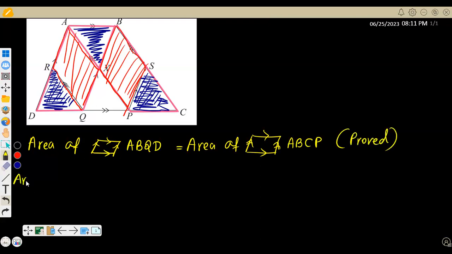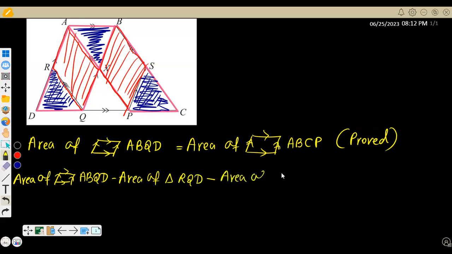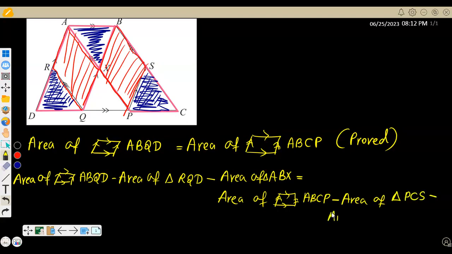Then you can subtract. From the area of parallelogram ABQD we subtract the area of triangle RQD and the area of triangle ABX, which equals the area of parallelogram ABCP subtract the area of triangle PCS and subtract the area of triangle ABX.